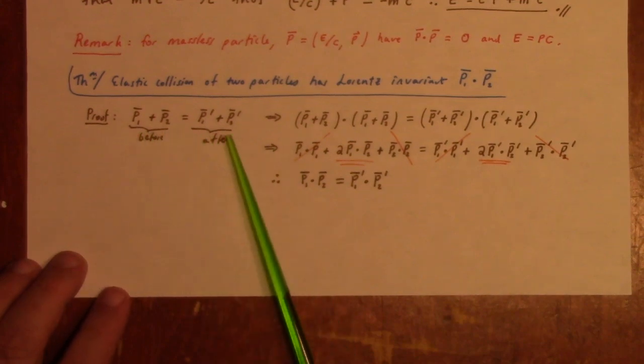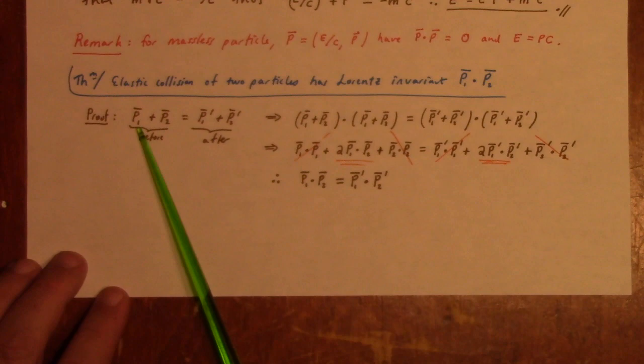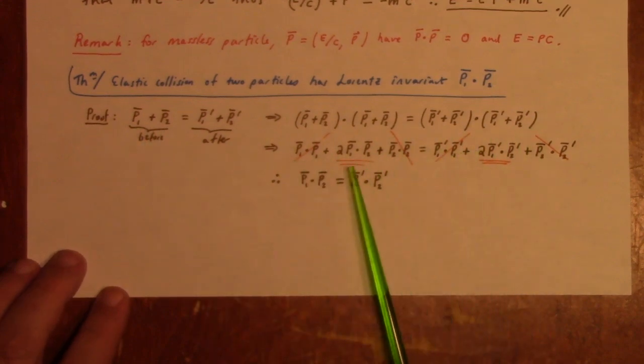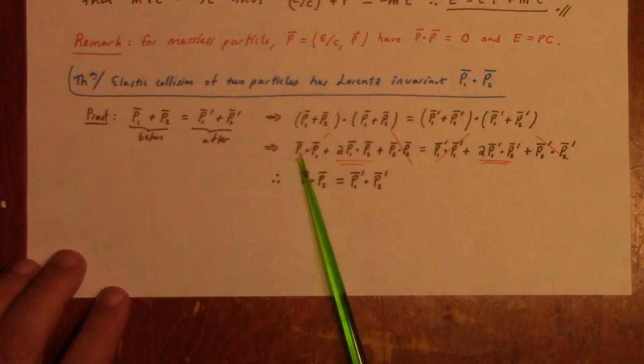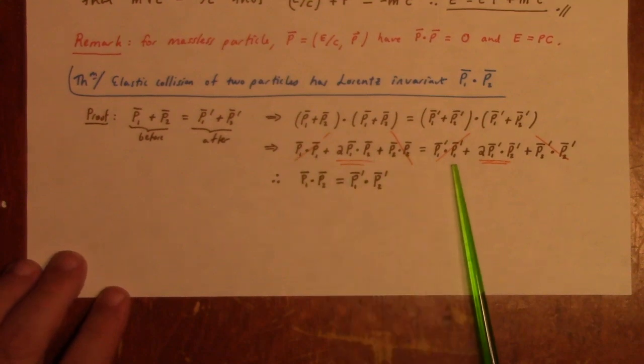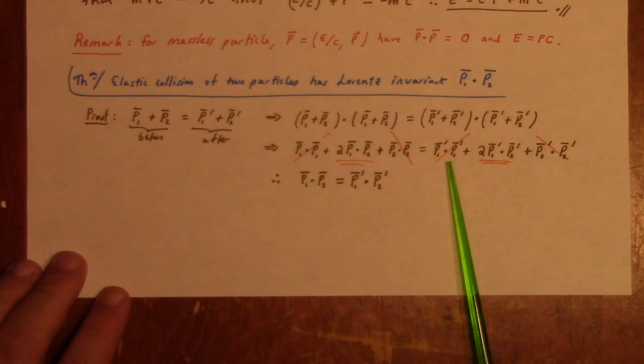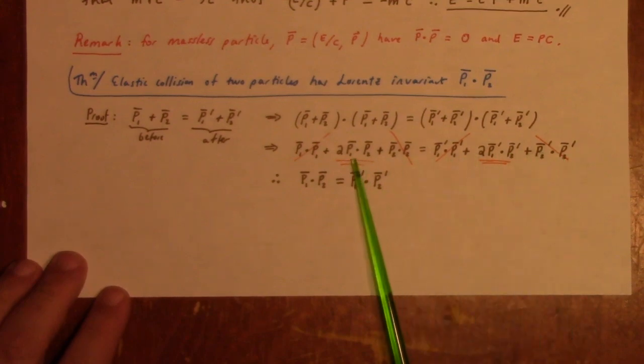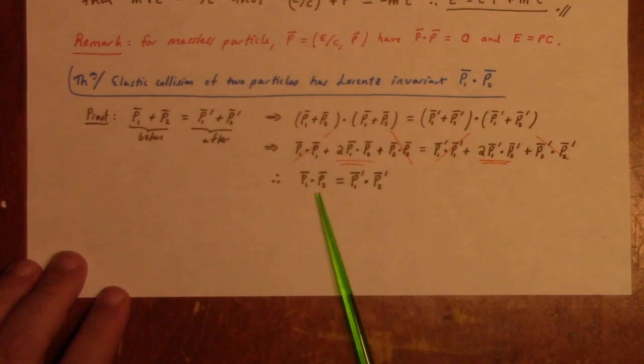But that means you can look at the square of the before and the square of the after, and you also know that the square of P1 is going to be equal to the square of P1 in the after, and likewise for P2. So you're just left with the invariance of P1 dot P2 and P1 prime dot P2 prime.